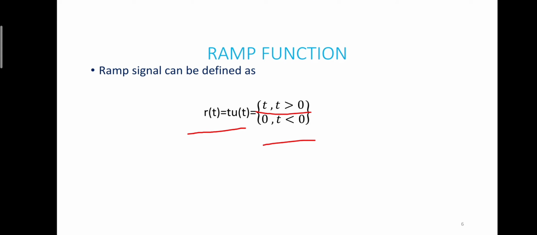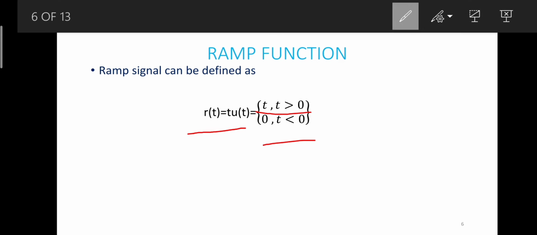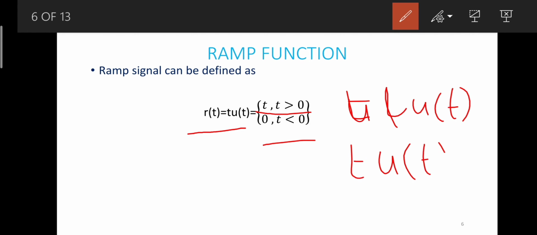That is, ramp signal can be defined from a unit step signal which is multiplied by a function t. So let's take t and u of t as separate signals. By the equation it is saying that by multiplying t with u of t, we will get the ramp signal r of t. Let's check it.